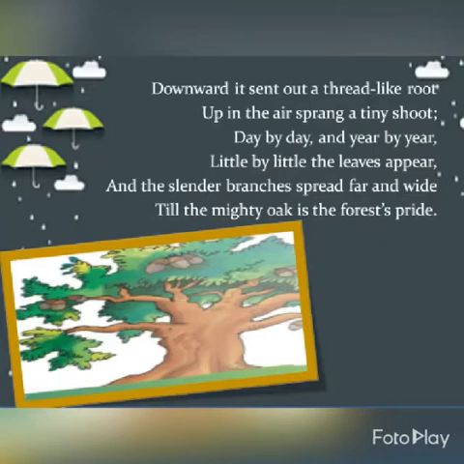Just like the forest is proud of the mighty oak tree, your parents will be proud of you, because you will grow into a mighty person. You will be stronger, you will be more confident, you will have more potential in you, you will have more strength with you, and you will become a great person.